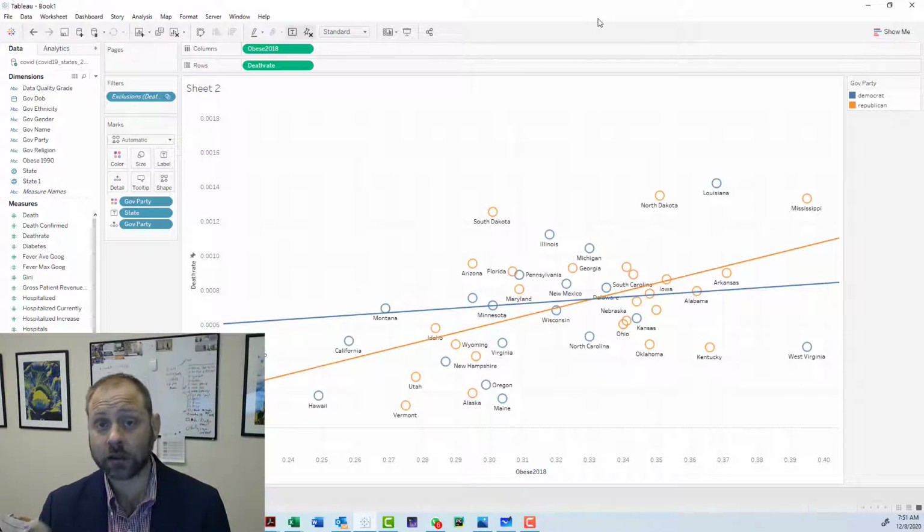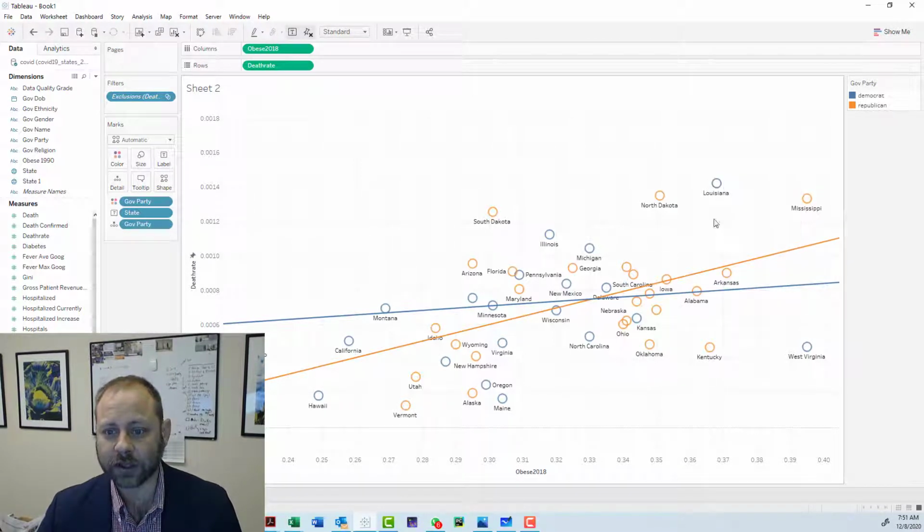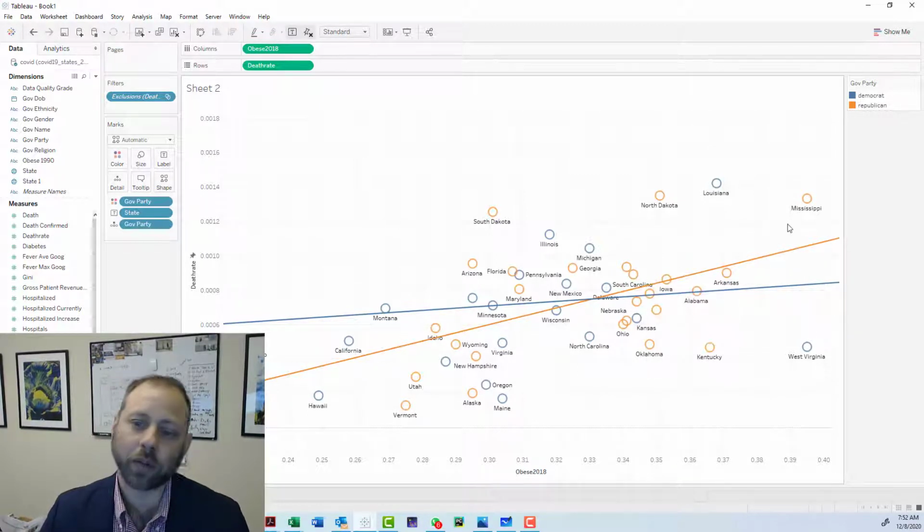Such as the barbecue states, right? Mississippi, Louisiana's Democrat, Arkansas, Alabama, Oklahoma, Kentucky. Where's Texas? Texas is in here somewhere. Tennessee, Texas, Missouri. All of these are your barbecue states, right? Most of them are Republican.